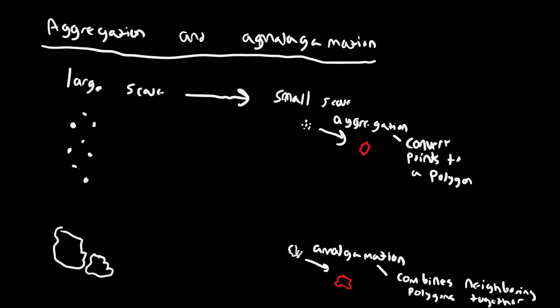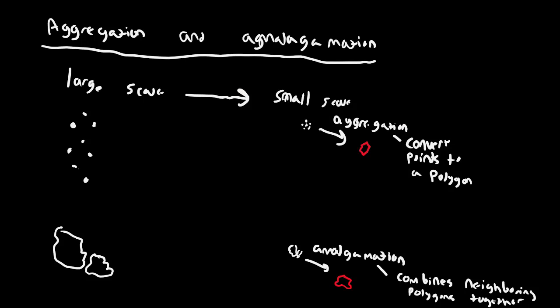It takes polygons where you would typically have coalescence because there just isn't a lot of real world distance at the large scale, and it combines them together into a single polygon to, again, try to reduce that coalescence.